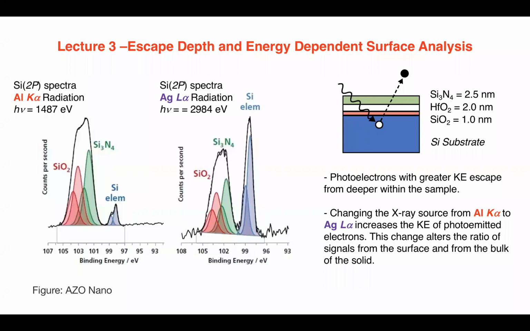Whereas here, you lower the energy, the photoelectrons have less kinetic energy, they're more likely to be scattered, so you end up only seeing the top layer. So you can give somebody a substrate and they change the X-ray energy and look at how the spectrum changes, and they can determine that this is surface and this is interior. That's really nice. Depth profiling is a really powerful thing to be able to do.